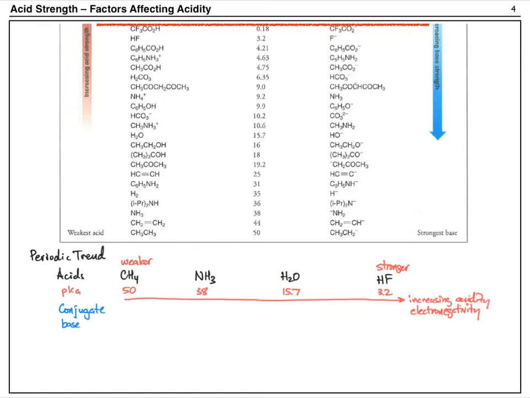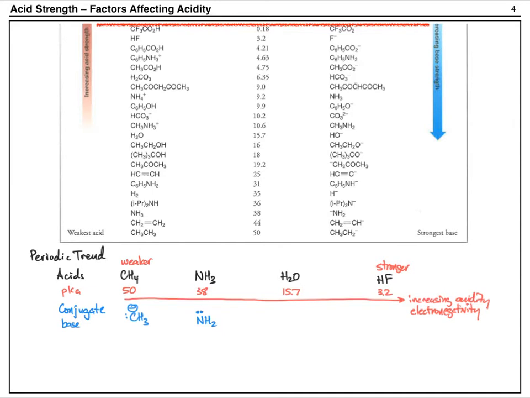So notice that in each case, there's only one type of hydrogen. So essentially, we are removing a single hydrogen to form the conjugate base. In this case, we have CH3, and then carbon is bearing a formal negative charge. Now if we remove one from ammonia, we have NH2.